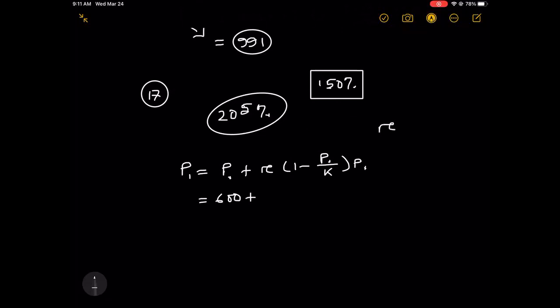Only the growth rate has changed, which is 2.05, right? One minus 600 over 1000 times 600.